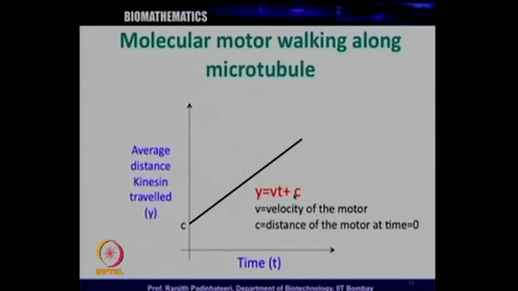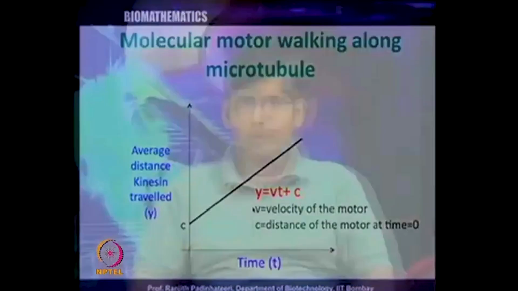So, what is the idea of velocity? If we know the position as a function of time, for different values of time, we can calculate the velocity or speed. Think about you walking along a road: at 3 o'clock you start from your home, and at 3:10 you reach your college.